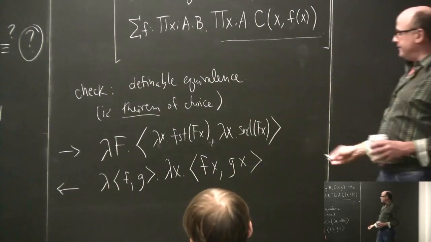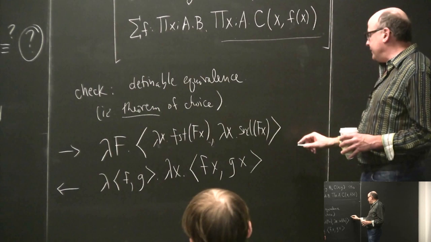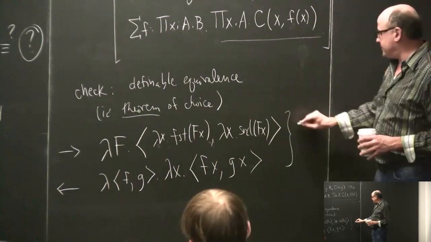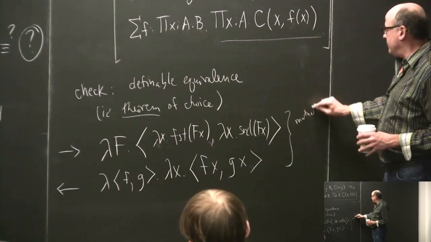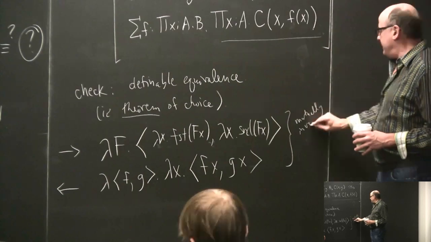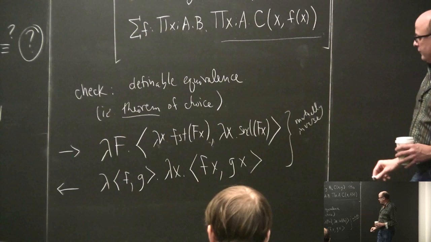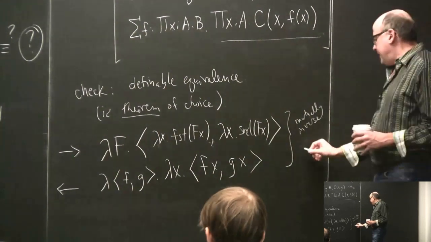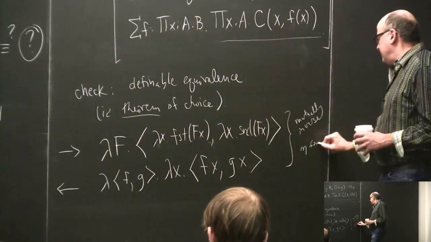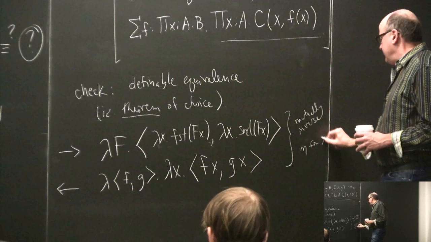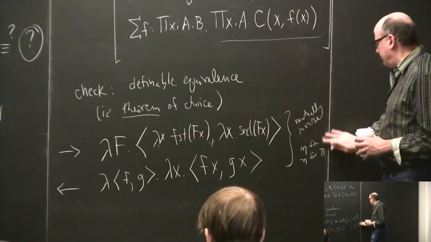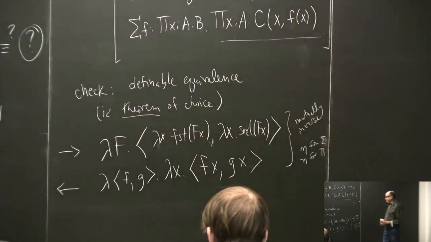Okay, and then you can check that these are mutually inverse. You can find the right identifications to justify that we have an equivalence. You'll need eta for products, and you'll need eta for pi, well, for sigma really, and for pi.